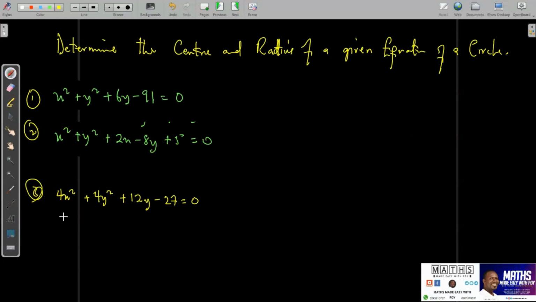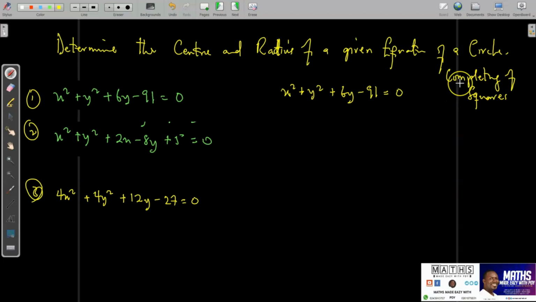Good. Let me begin with the unitary method. Then after that, I'll show you the formula. So I'll do each of them separately. With the unitary method, having x squared plus y squared plus 6y minus 91 equal to 0, what you need to do is apply the concept of what we call completing of squares.